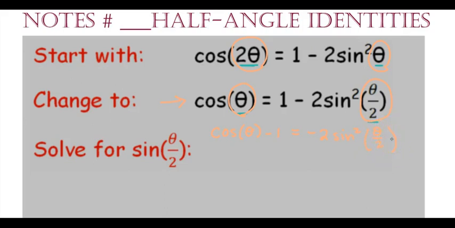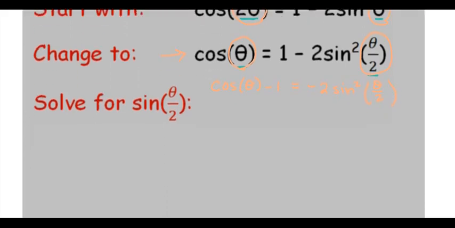I'll switch colors because that color isn't showing up so well. Now let's divide both sides by negative 2. So we have cosine of theta minus 1 divided by negative 2 equals sine squared of theta over 2.